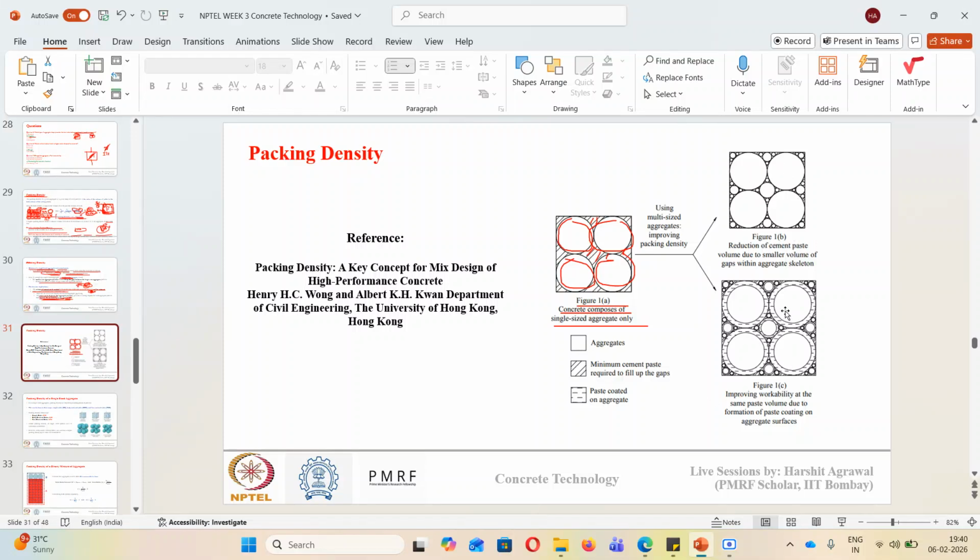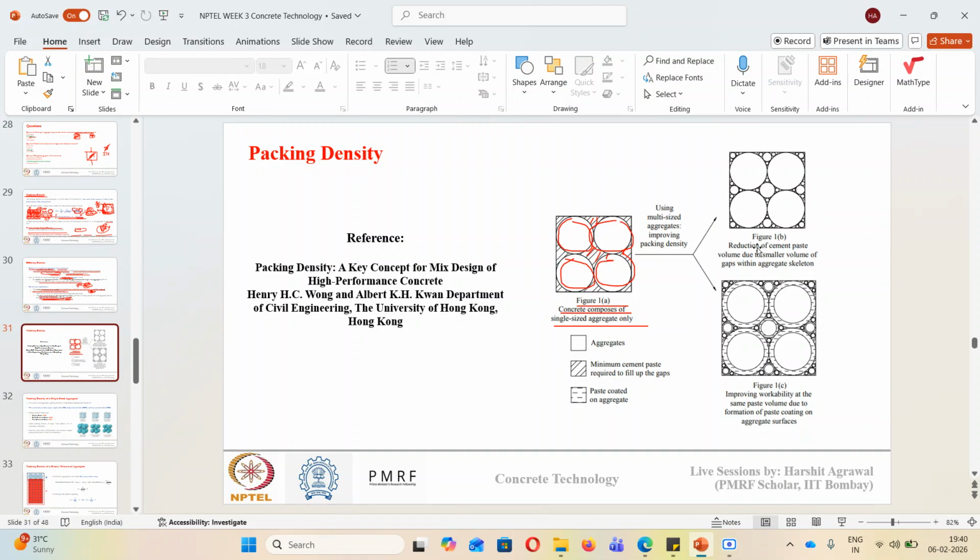Or if I don't reduce the cement, the cement will coat the aggregate, disperse the aggregate from one another and increase the flowability of concrete. So with the same paste we're increasing the flowability, or we can decrease the paste volume and fill the entire voids present in the system. This is why a multi-sized aggregate system is needed, so that we can reduce the cement demand, or with the same cement demand we can increase the workability and flowability of concrete.